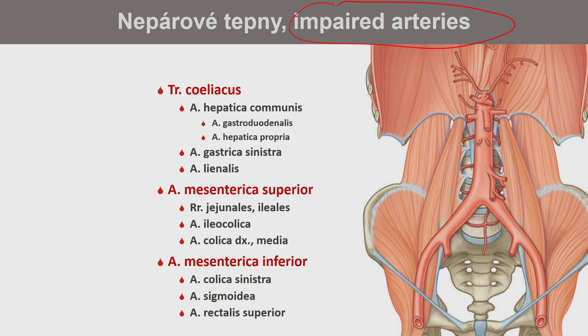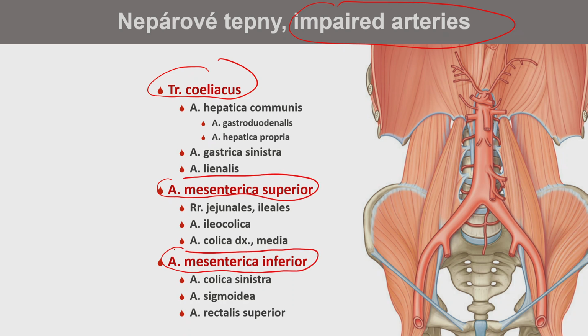The visceral unpaired arteries are those which are supplying the gastrointestinal tract and those organs which during ontogenesis are developing from the primitive gut. So these are the celiac trunk, superior mesenteric artery, and inferior mesenteric artery. They are unpaired, so there is only one of each, and they are arising from the anterior aspect of the aorta.